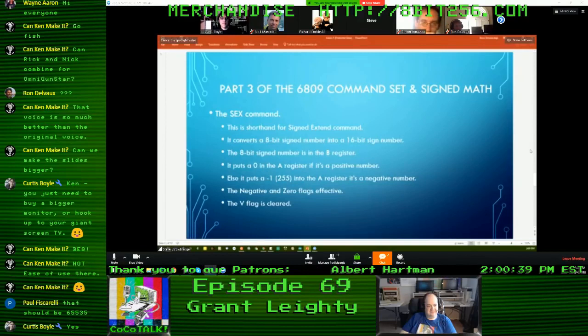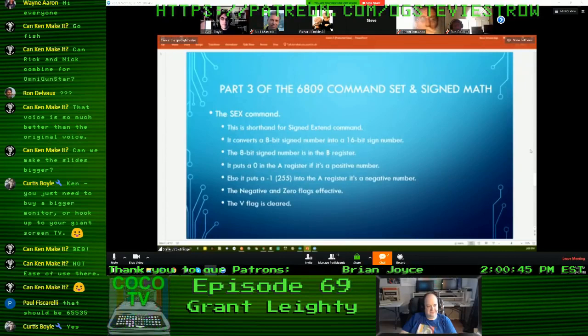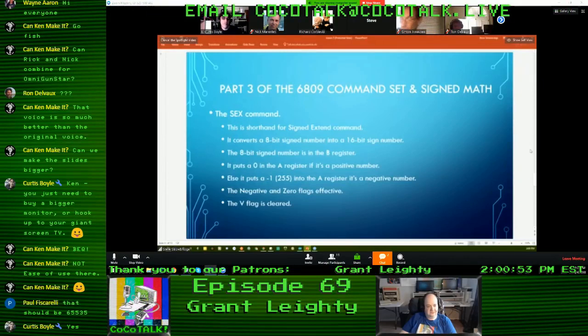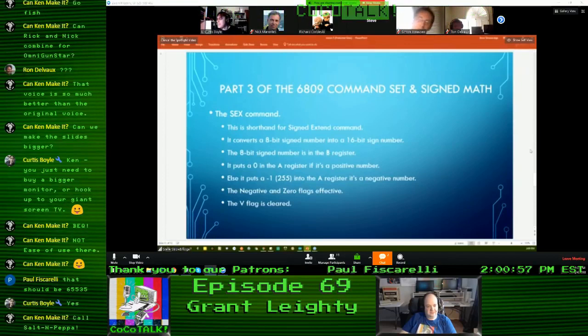And there's all sorts of compares and branches you can do, but they put this one command in where the B register contains your 8-bit signed number, and then it extends that sign all the way into the A register.